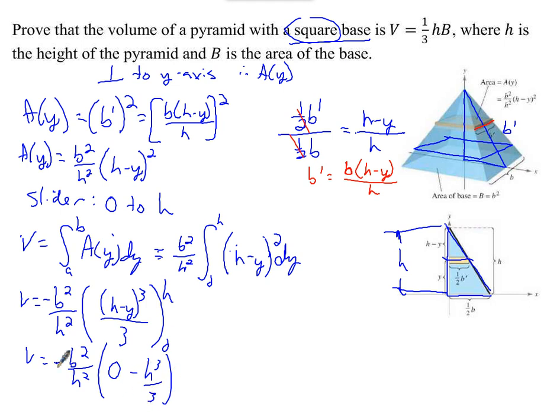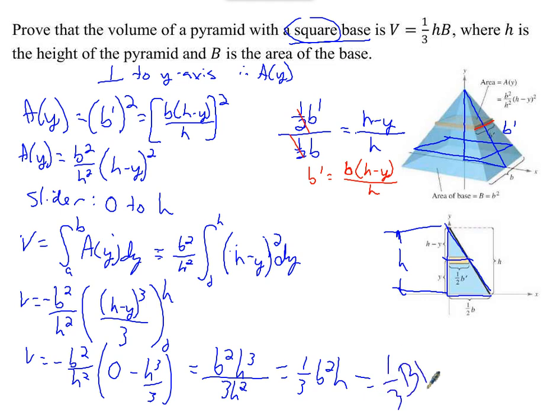The negative times the negative becomes positive, and I get b squared h to the third over h squared times 3, which is 3h squared. That simplifies and gives me the 1/3 out front. The h's simplify, and I wind up with b squared h. But what is b squared? B squared is capital B, the area of the base. So therefore, this is 1/3 capital B h, which completes our proof. We actually have what we were looking for right there.